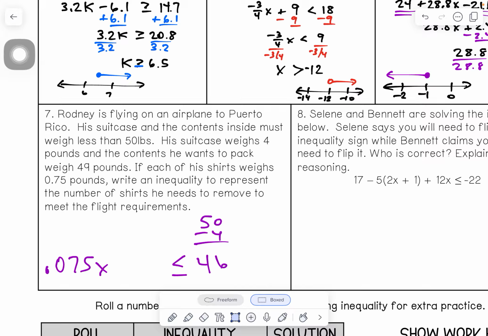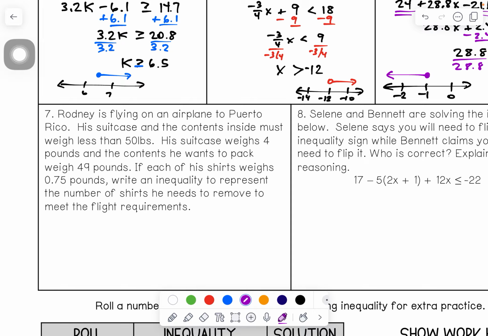Let's see here. No, I think I goofed that up. Sorry about that. The suitcase weighs 4 pounds, and the contents he wants to pack weigh 49. So he's already at 49 plus 4, so he's already at 53 pounds.